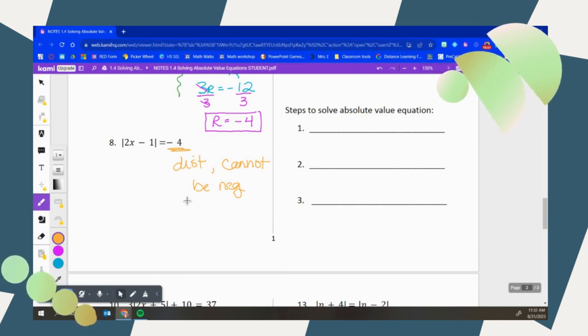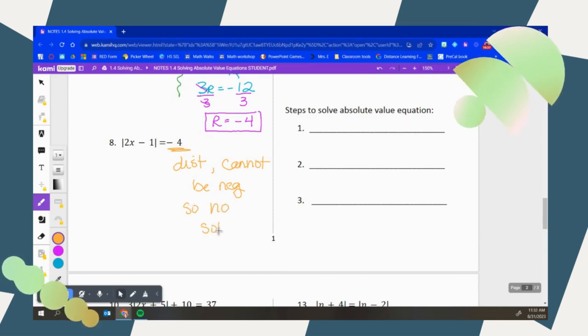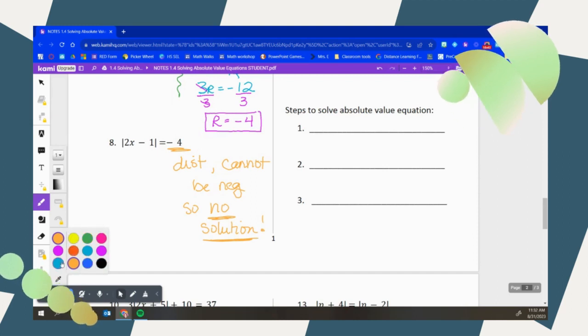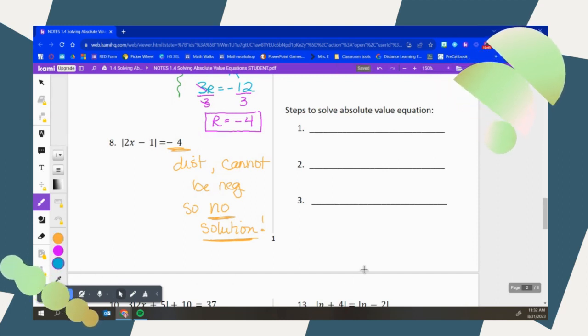Distance cannot be negative, so no solution. So if you see absolute value equal to a negative, remember that negative is a distance, that can't be, so those equations will have no solution.